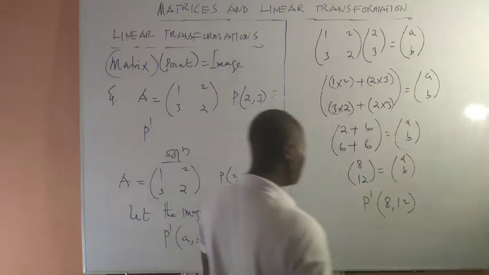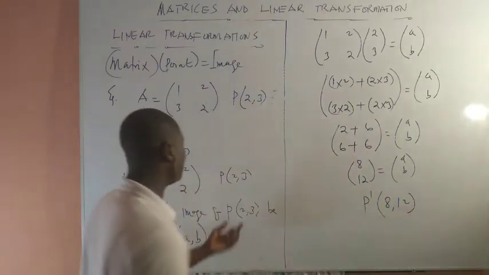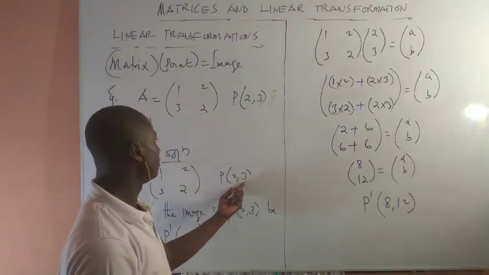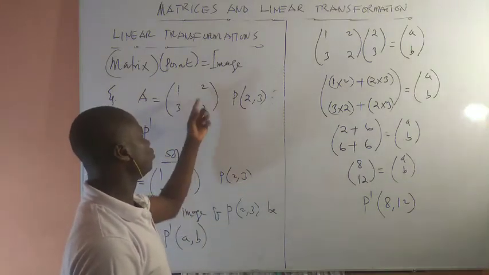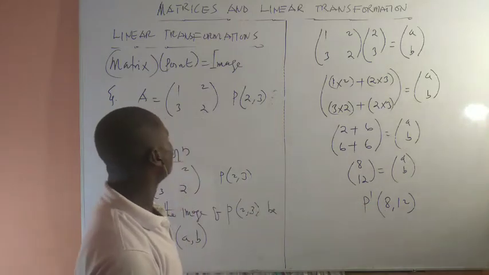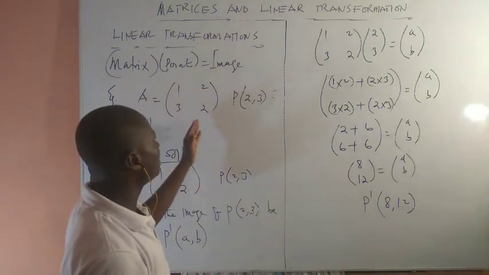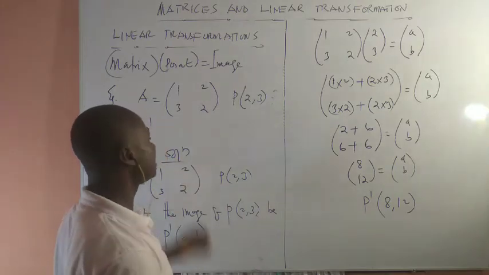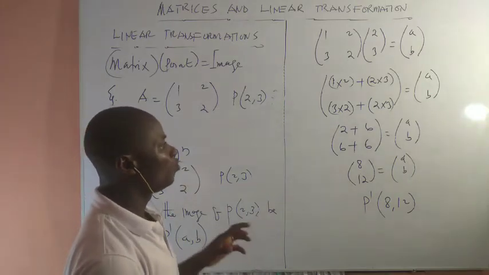So when we transform the point P, 2, 3, under the matrix 1, 2, 3, 2, the image is 8, 12. And so when you are given a matrix and a point, that is how we find the image.